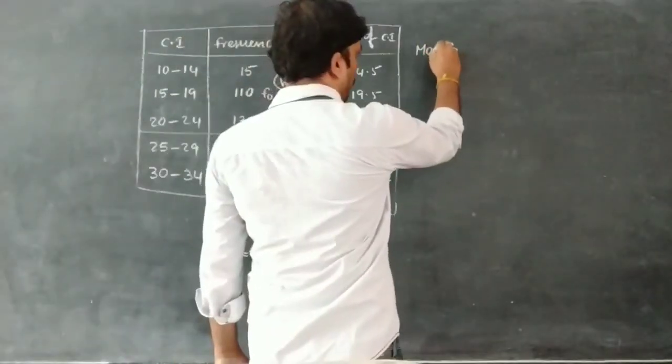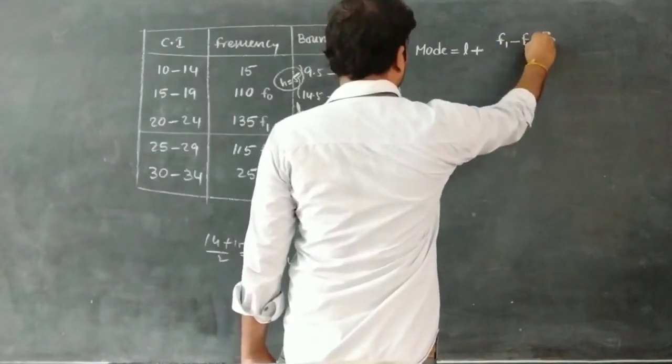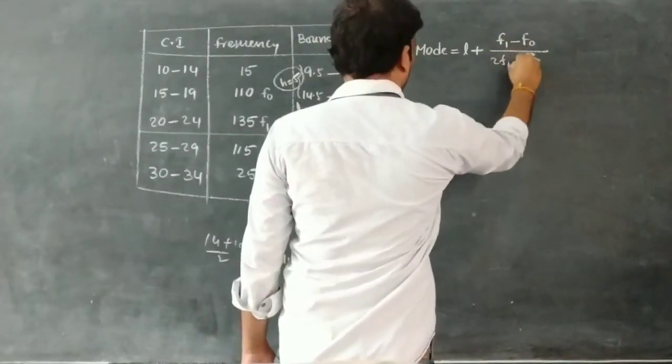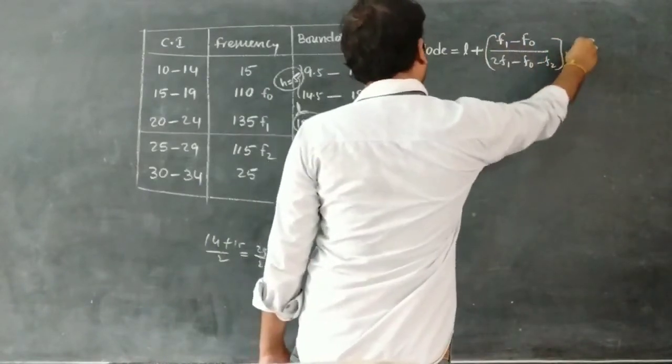Mode is equal to L plus (f1 minus f0) by (2f1 minus f0 minus f2), into h.